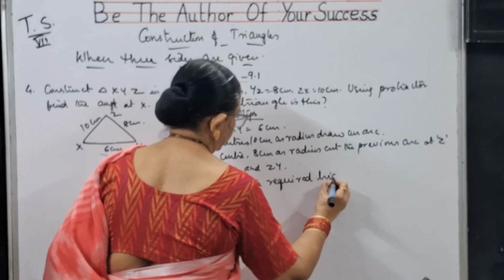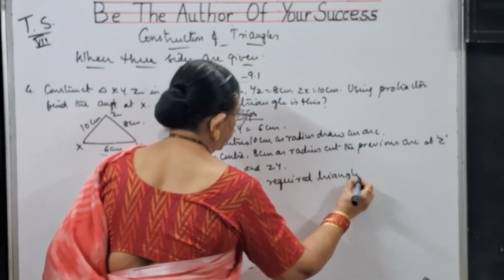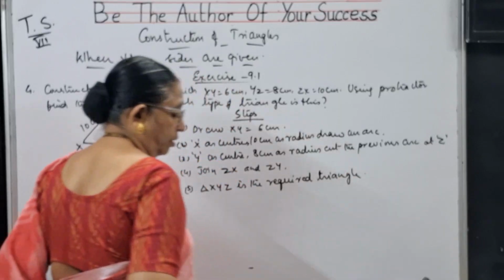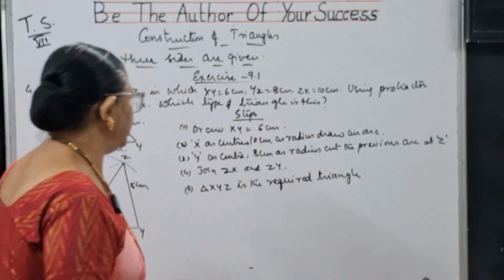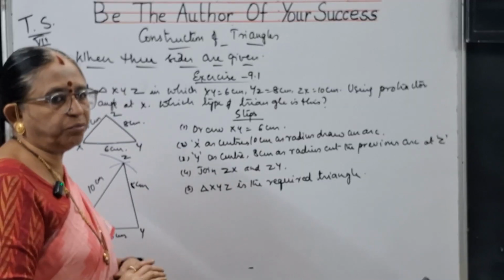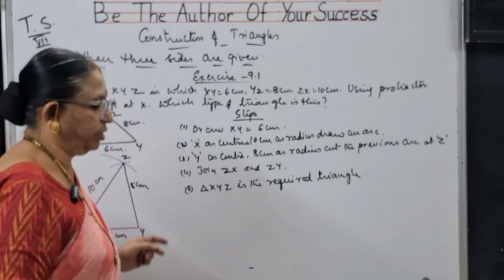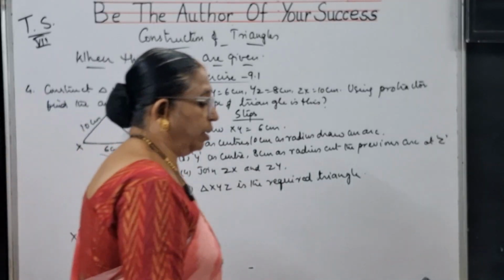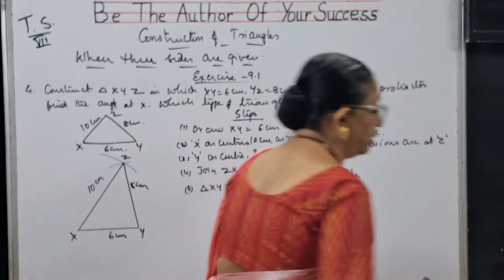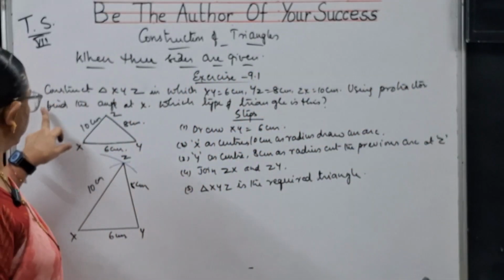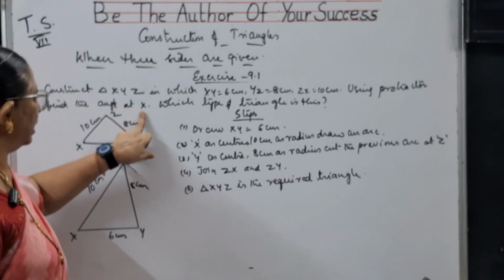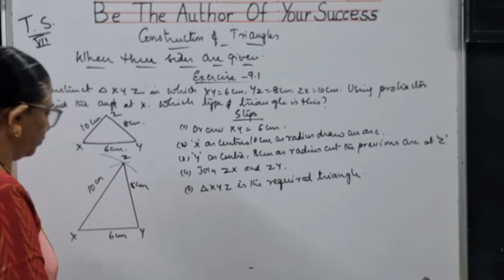See children, same construction steps with difference in their measurements you are getting. By the time you finish this exercise, you will get the points also, steps also. You need not memorize them. Now, what is that they are asking? They are asking you to measure angle X. Find angle at X and which type of triangle.